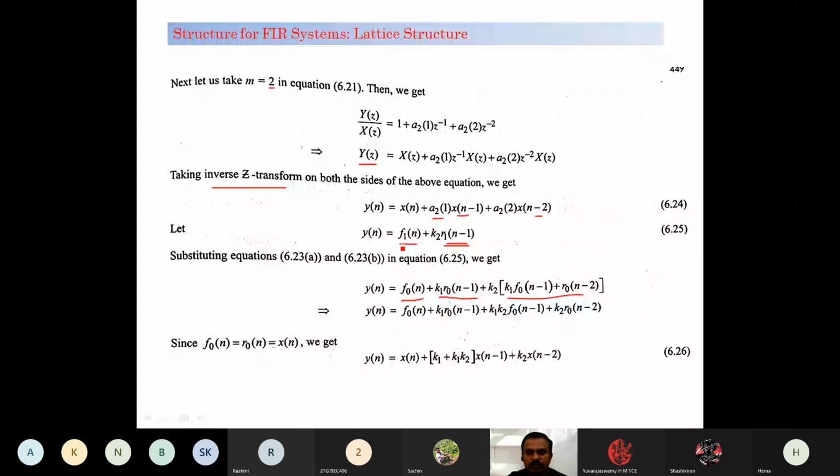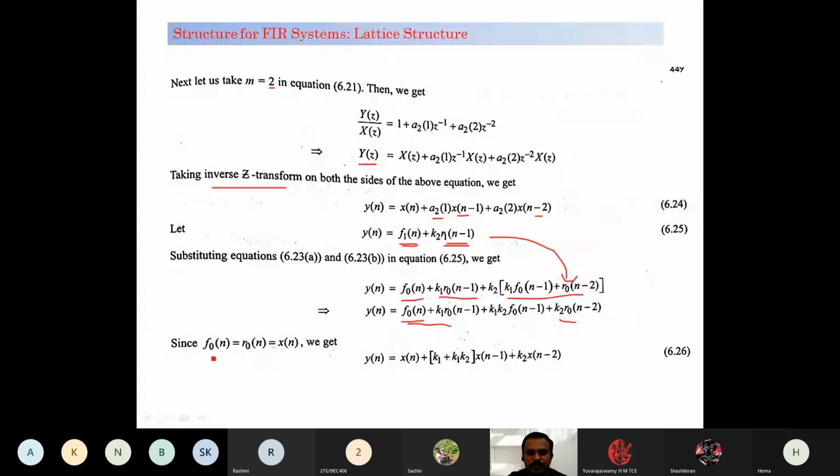Therefore, y of n is nothing but f0 of n plus k1 r0 of n plus k1 k2 f0 n minus 1 plus k2 r0 of n minus 2. If you go for deriving this equation, here it is drawn directly. We are not showing any mathematical steps, the substitution and removing the brackets, taking the common terms. By performing all those calculations, we end up with the y of n.